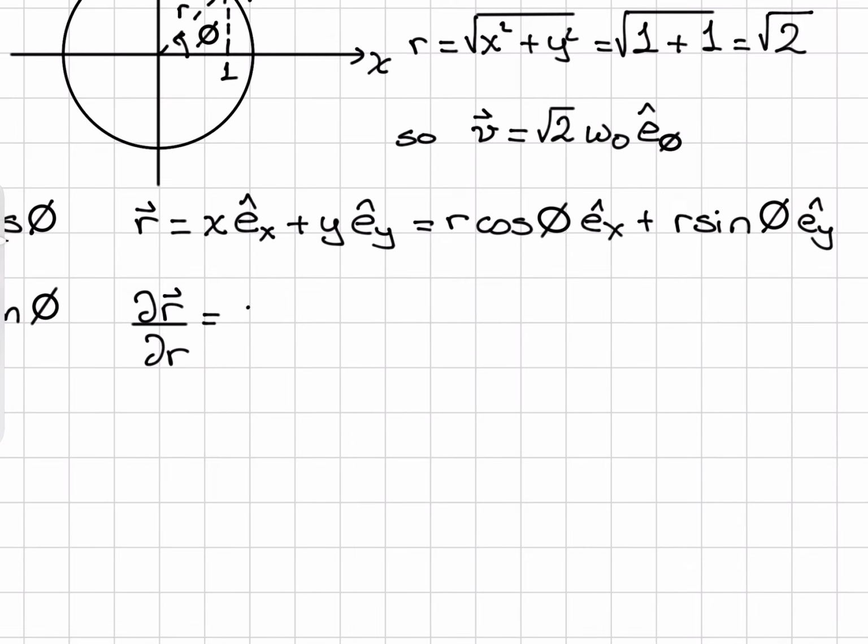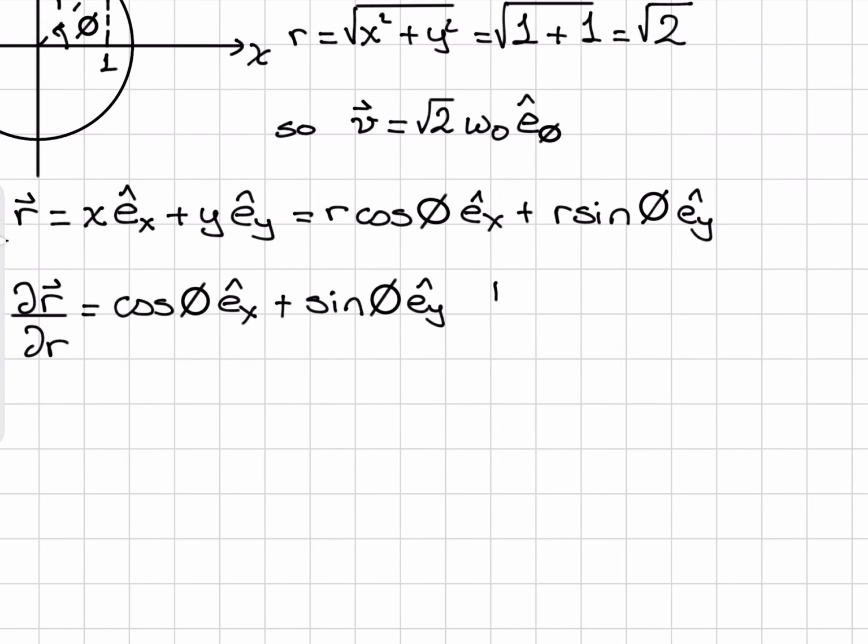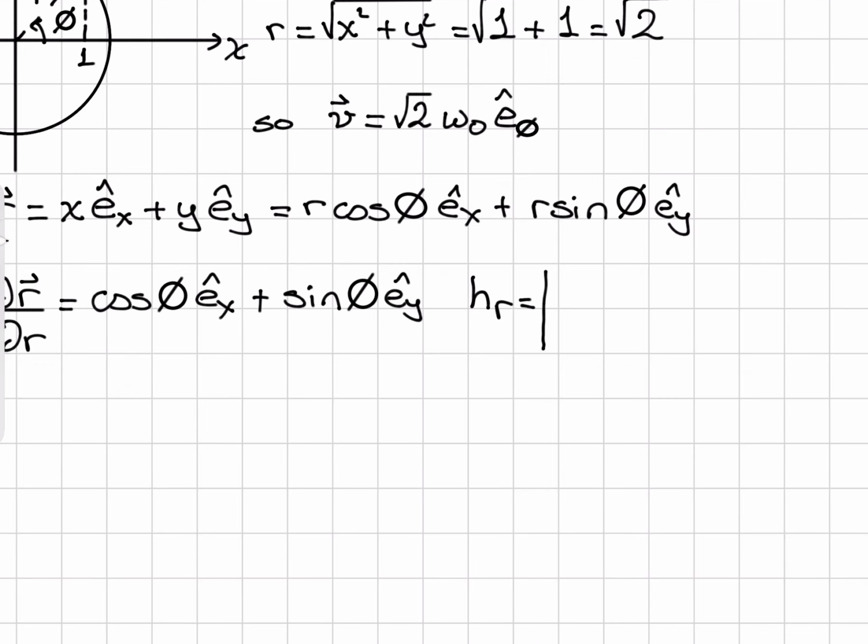So we will have cosine phi e x hat plus sine phi e y hat, and the magnitude of this vector h r, which is our scale factor, is the magnitude of the derivative of the position vector with respect to r.